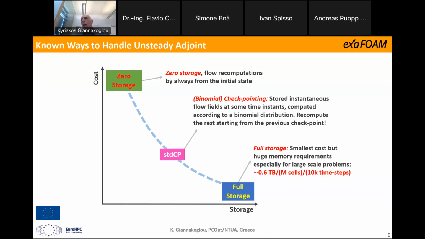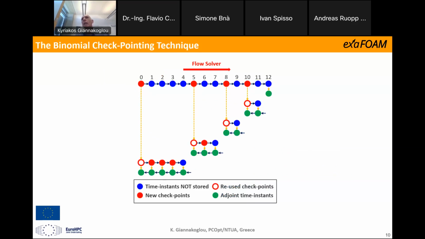That is, while integrating the flow equations forward in time, some selected instantaneous flow fields, the red points you see in this graph, only these are stored at a number of optimally placed checkpoints along the time span.